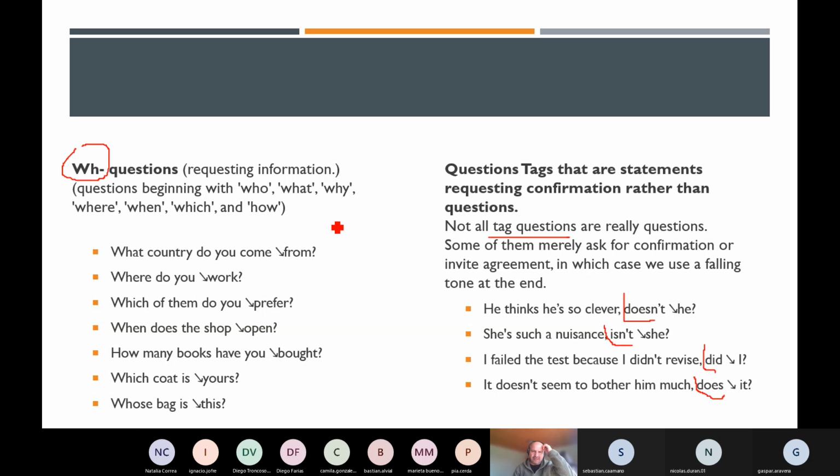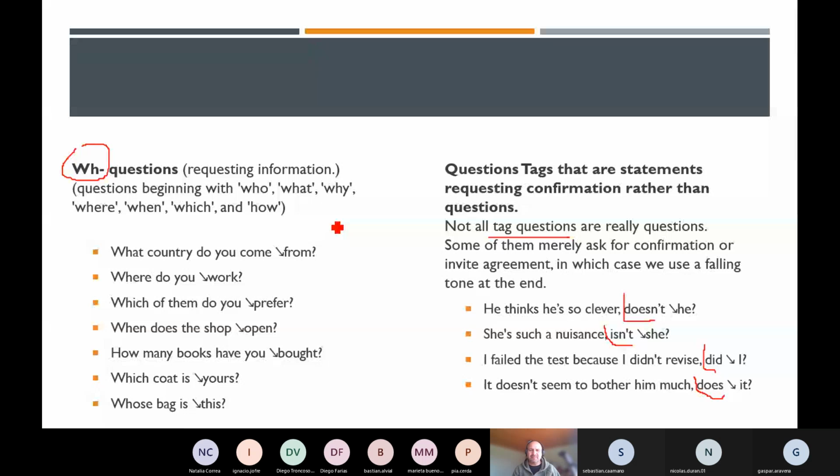All right. So she's such a nuisance, isn't she? Isn't she? You don't want the other person to tell you, necessarily, that he or she agrees with you, because you are actually stating this. And it's not really a question. I failed the test because I didn't revise, didn't I?